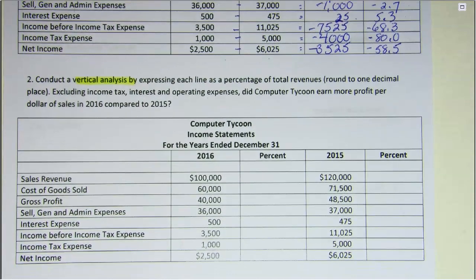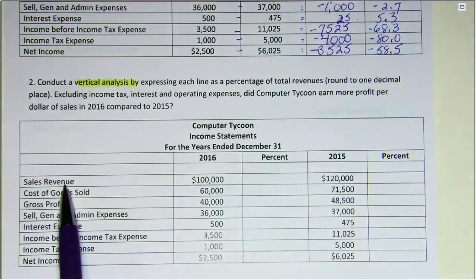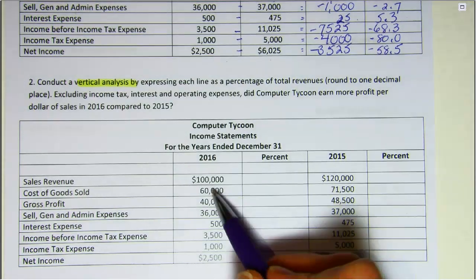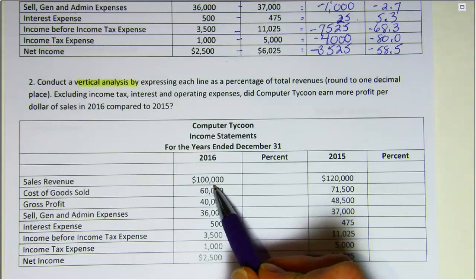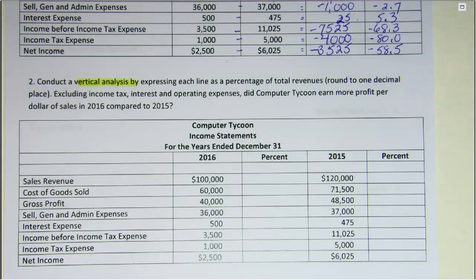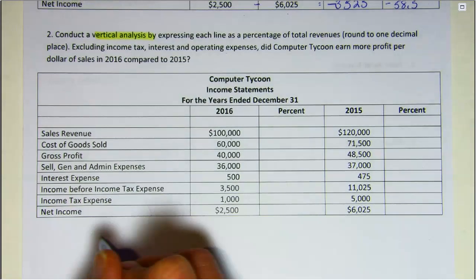But on the income statement, we're dividing everything by net sales revenue, or in this case, by sales revenue within that year. So let's do that. For 2016, we're dividing 100,000 by itself, and then we multiply by 100 and round to one decimal place. In fact, let me put those directions right here.